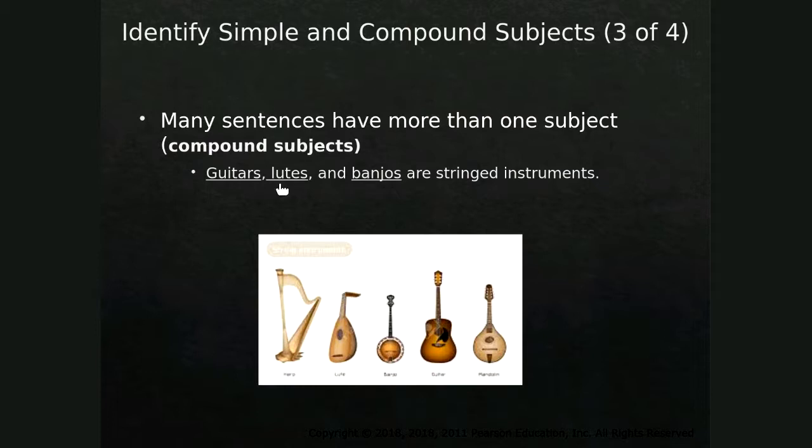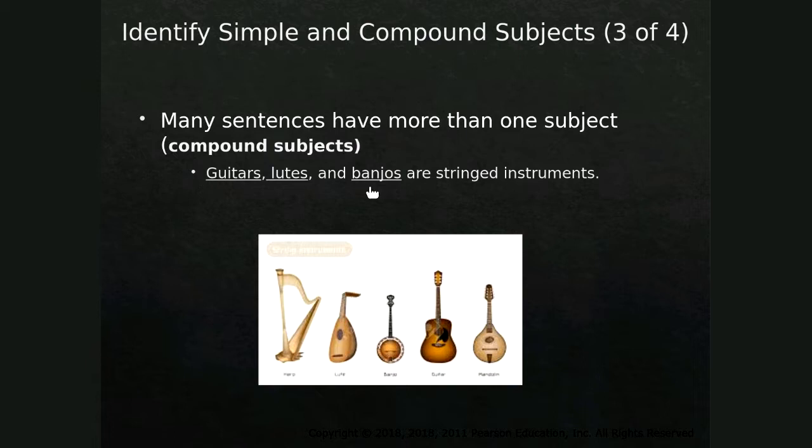Okay? And what do you notice between the subjects? What do you see here after guitars and after lutes? What is this called? The comma. Yeah, it's called a comma. So we put the commas there to separate subjects or separating nouns.